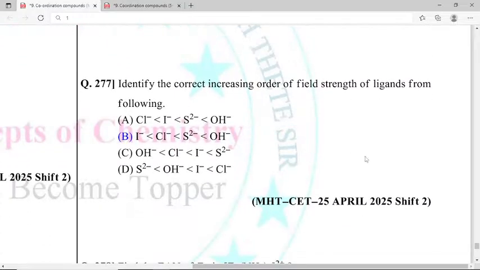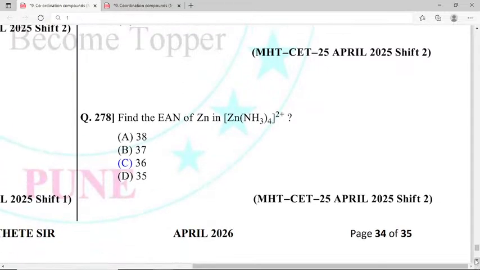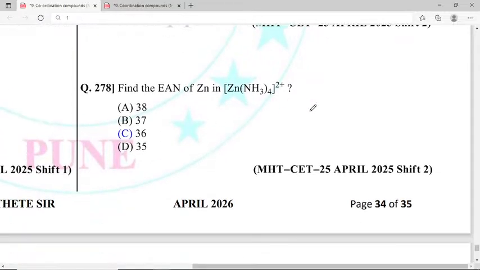Identify the correct increasing field strength of ligands. Field strength, strong field ligand, weak field ligand. So I minus, Cl minus, sulfide, OH minus, in increasing order of field strength. Next, let's find the effective atomic number for zinc. What is the formula?